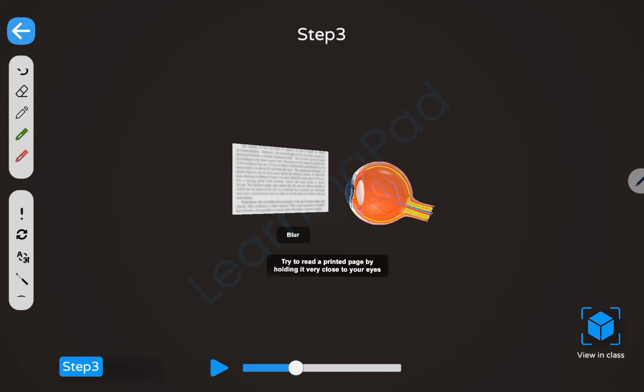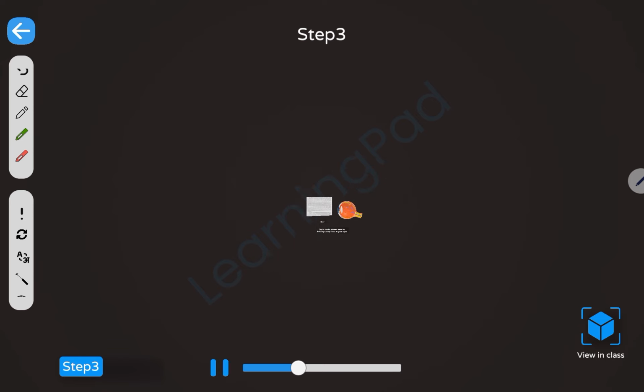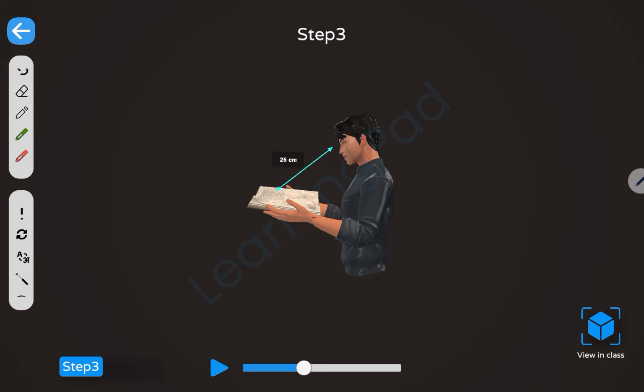That is because they are not able to see the image clearly, since they are putting it very close to the eye. The comfortable distance at which one can read with a normal eye is 25 centimeters. So make sure you also read at a distance of 25 centimeters.